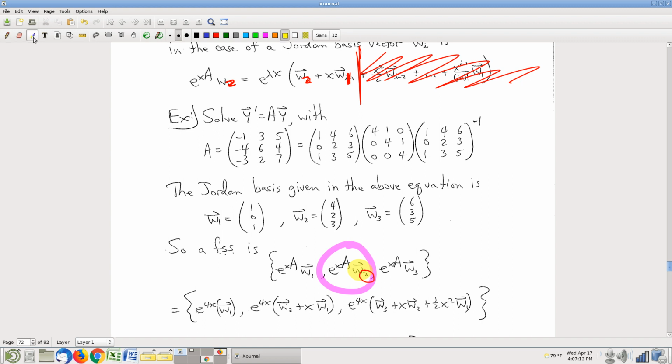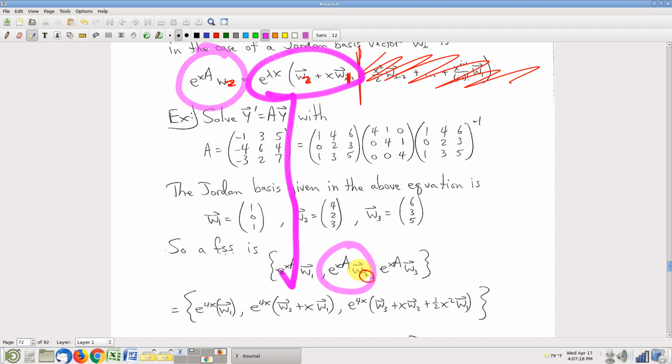And the matrix exponential times the Jordan basis vector is that, which I write there. Same formula, it's just the implementation's a little bit different because it's the second vector in the list, so I get 2 terms by the time I get back to the eigenvector instead of just the 1.